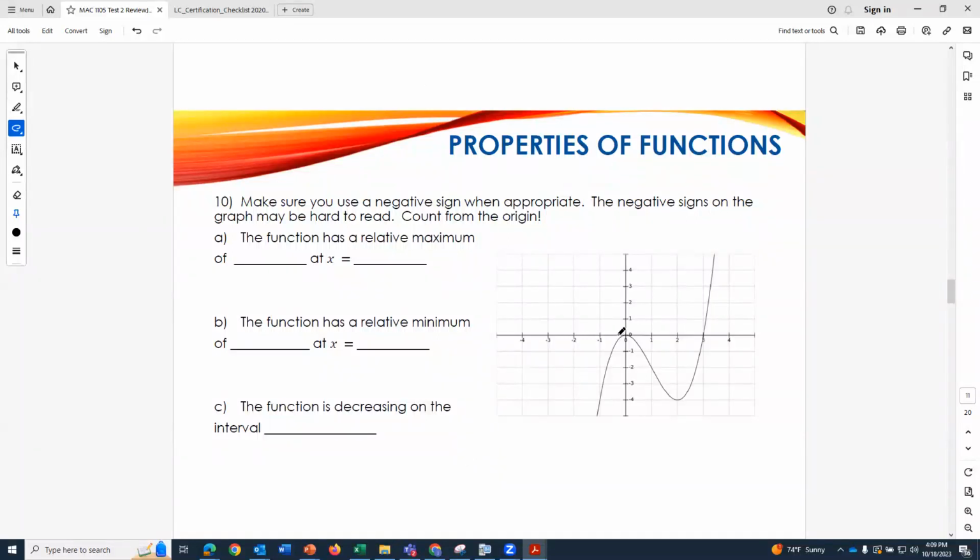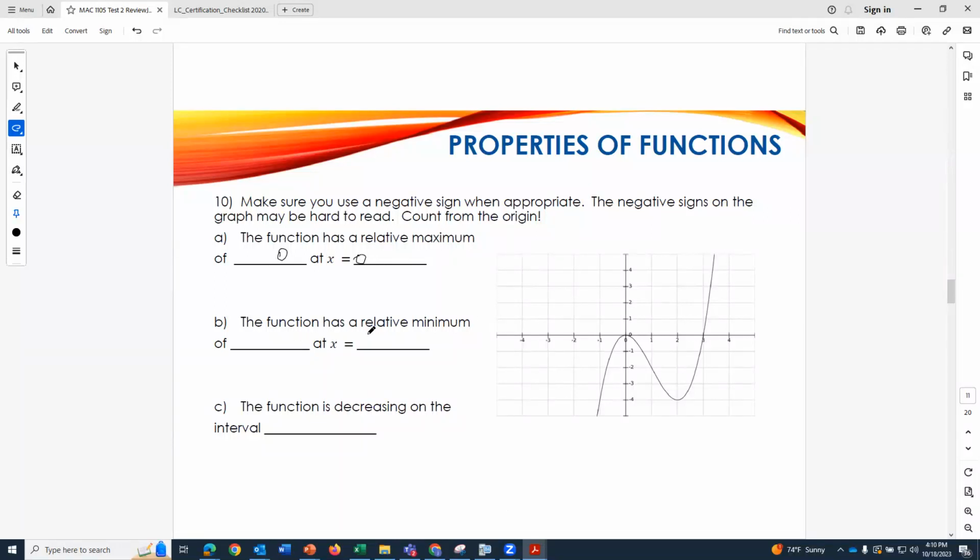This one we call a local maximum, or relative maximum. It's relative because if you go here, you have higher values. But at this point, there's a local maximum of 0 at x equals 0. Okay?